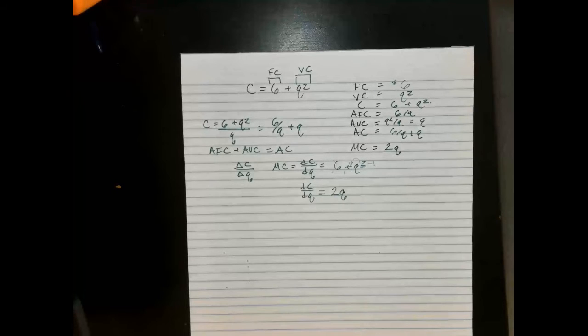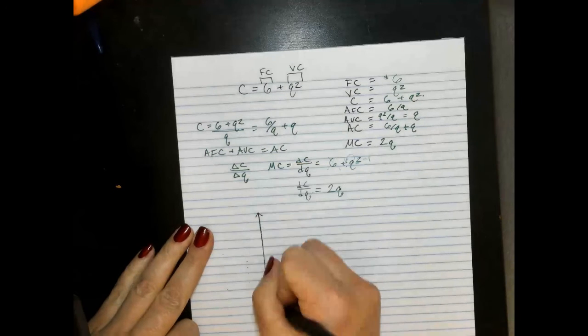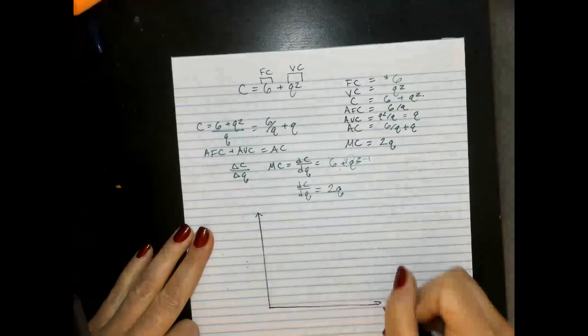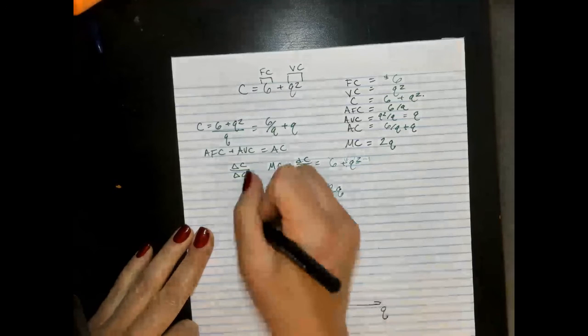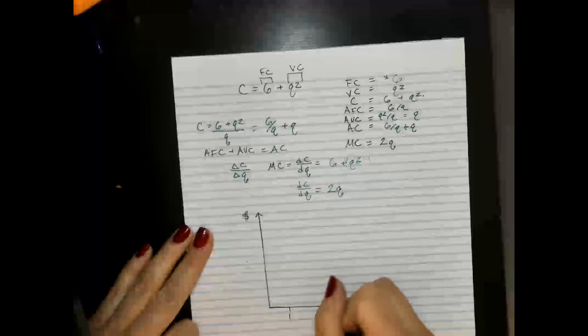The second part is to go ahead and graph those cost curves in that framework. All right, so we've got our q, and we've got our price, our costs.